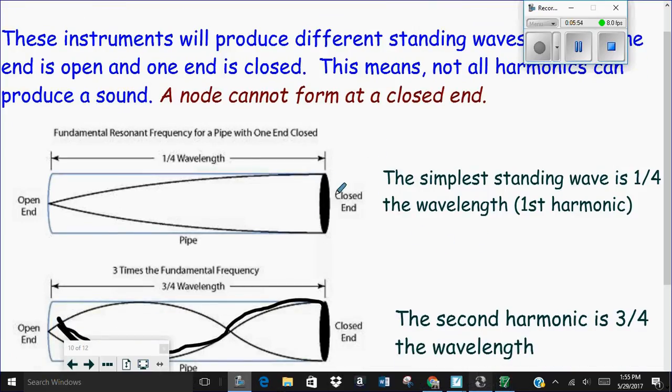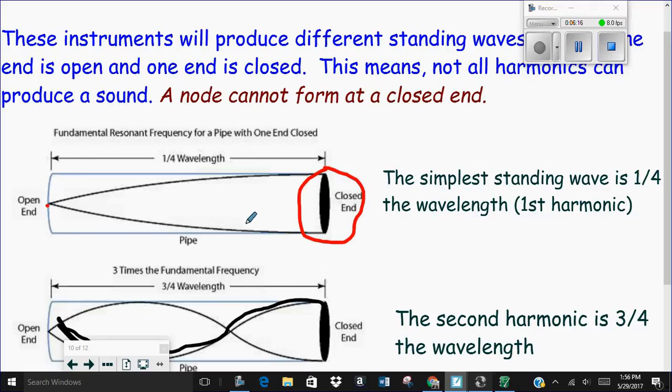For instance, on this closed end, there's no possible way for destructive interference to happen. So you are always going to have the antinode appear on the closed end. On the open end, you can have destructive interference, so you can have a node.